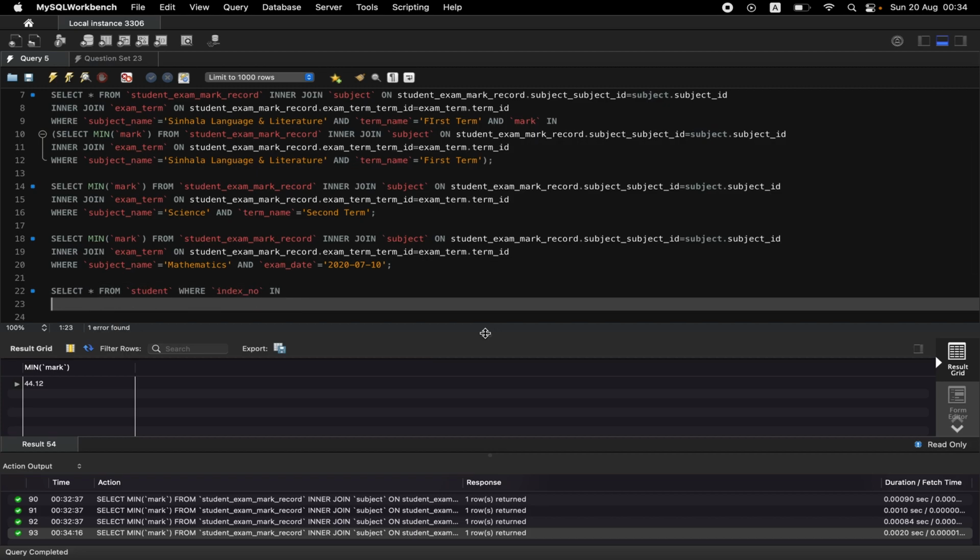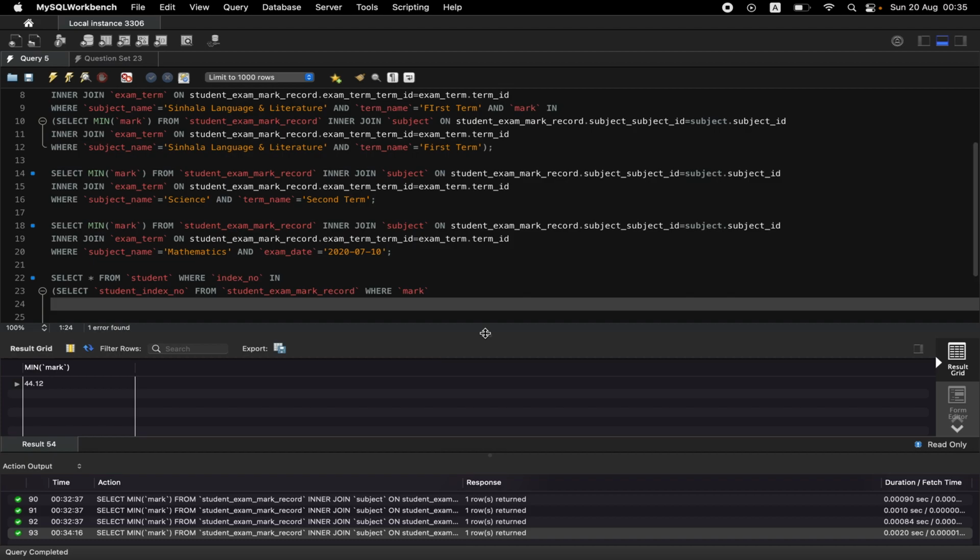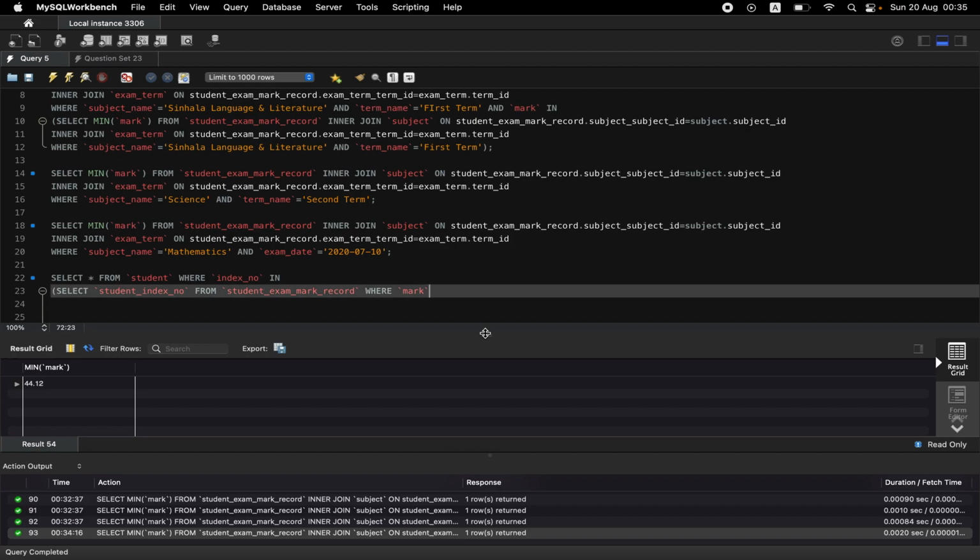So select the student index number from student exam mark record table where mark, and to get the minimum mark I'm going to write another subquery.